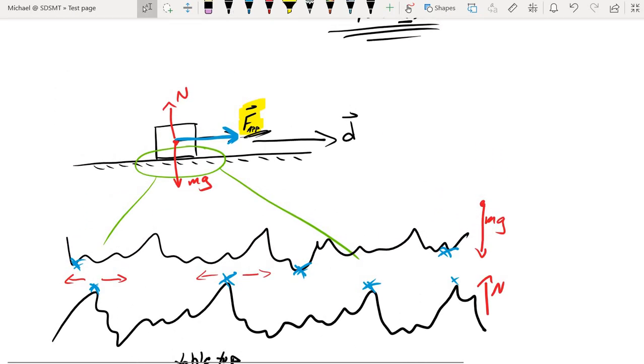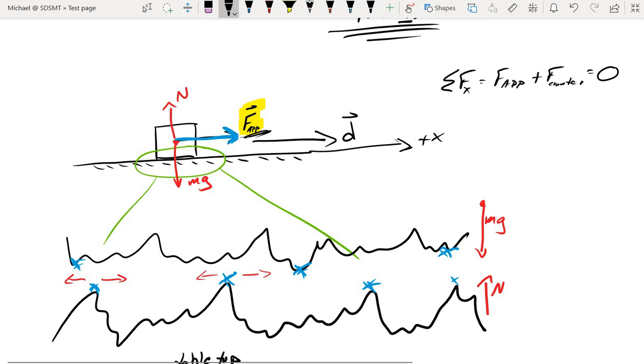And if we're applying our applied force to the right, so we'll let to the right be the positive direction, if we have our force applied to the right, yet the box is not moving, then that implies that there is some counterforce that is acting against the applied force, which is keeping the block from moving. And we're going to call that counterforce friction.